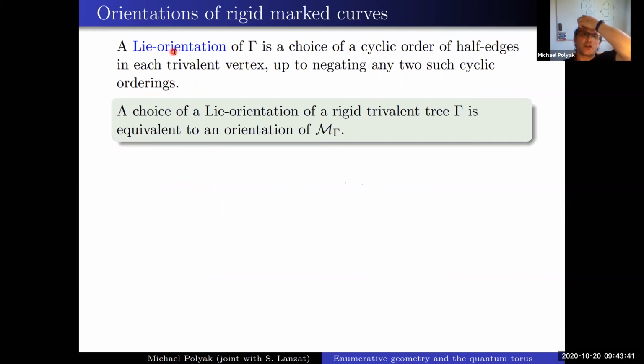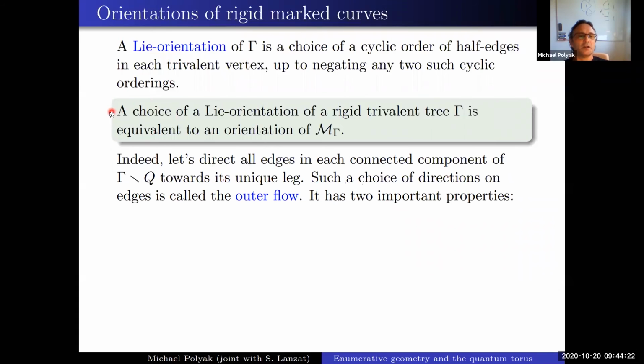The Lie orientation is just the cyclic ordering of all half edges emanating from each trivalent vertex, and you're allowed to negate any two such cyclic orderings simultaneously. So you take two vertices and change two cyclic orderings. So it's the same orientation. And we will call it a Lie orientation for a reason which will soon become clear.